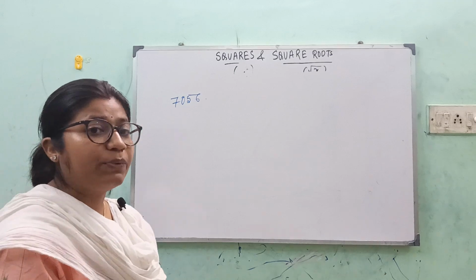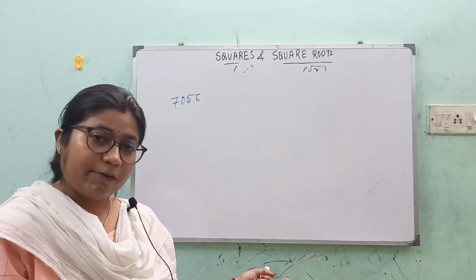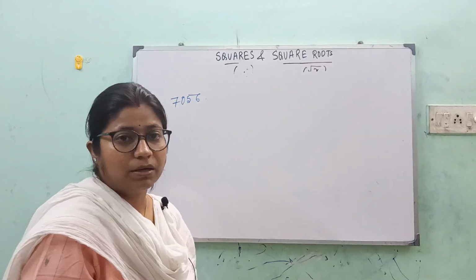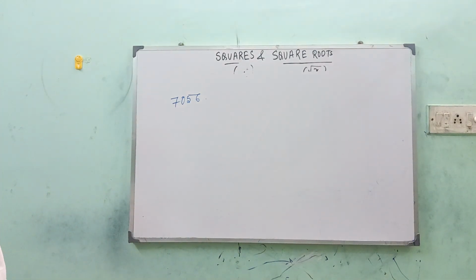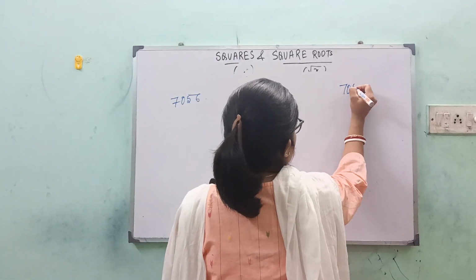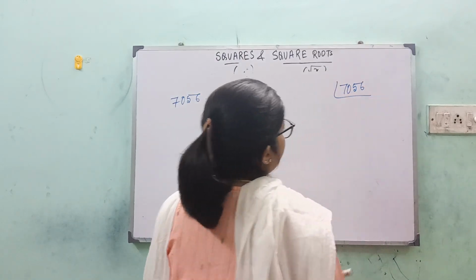So first you will determine whether it's a perfect square or not. If it's a perfect square, then find out which number's square is this number. Quickly, come on. Most of you might have done already. Let's check whether you have done it correctly or not.